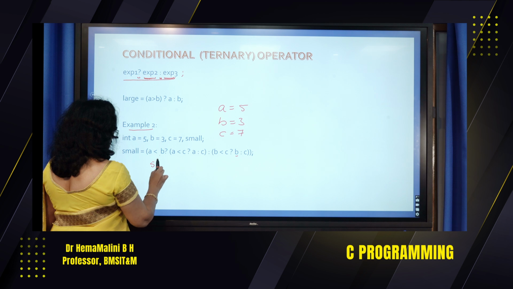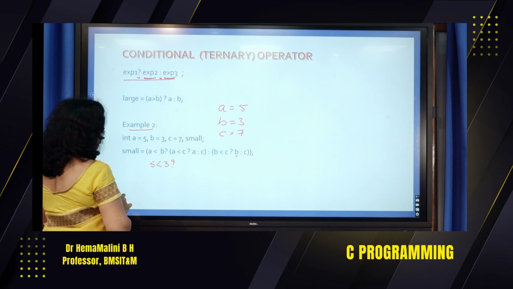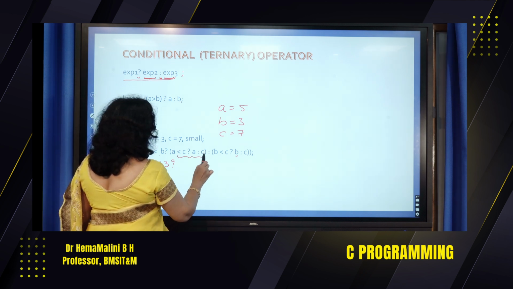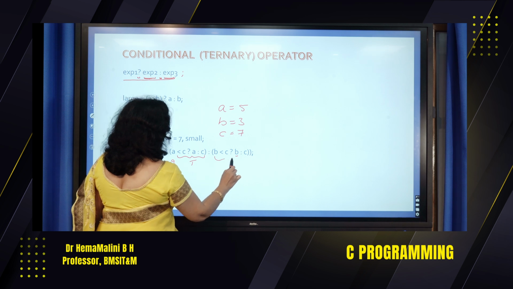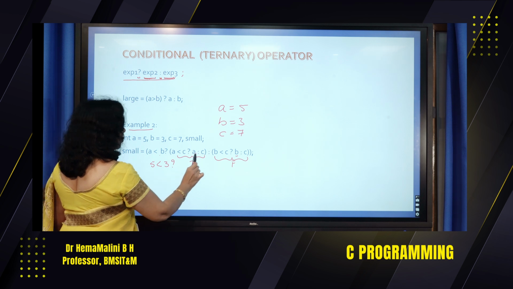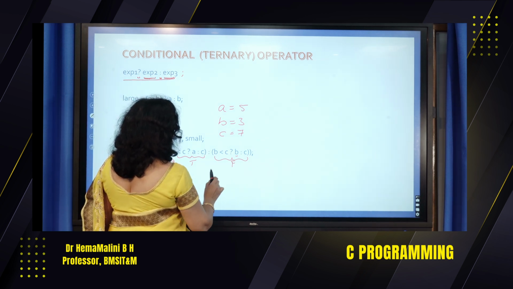A is 5, 5 less than 3, the condition. Is 5 less than 3? No, 5 is not less than 3. So this is the true alternative, this is the false alternative. So 5 less than 3 fails, we have to go for the false alternative. So we will have to execute this.